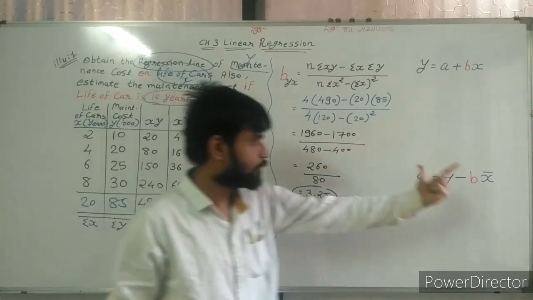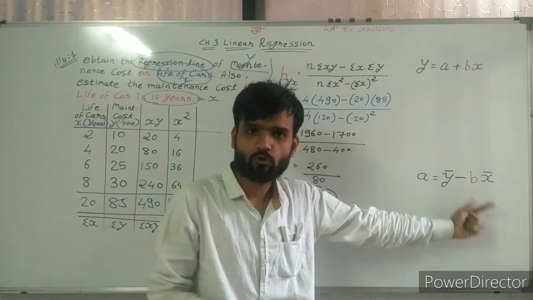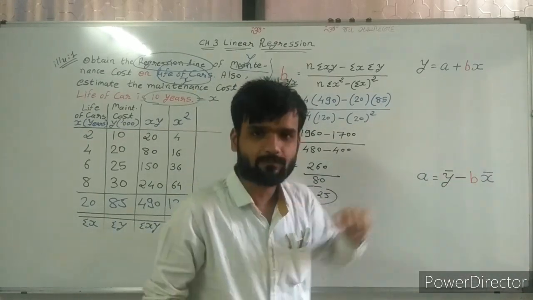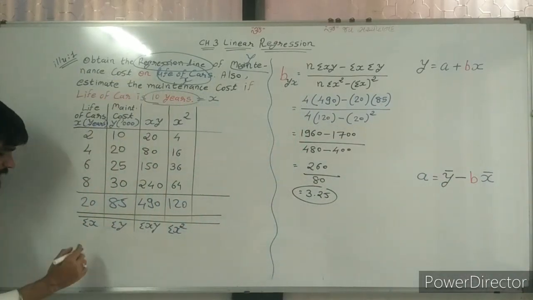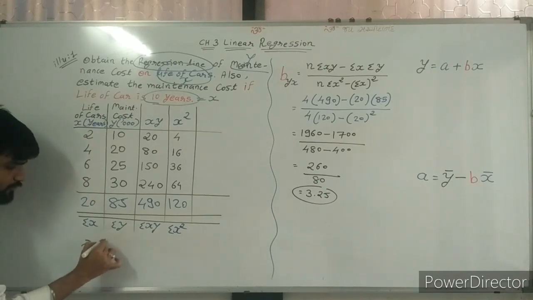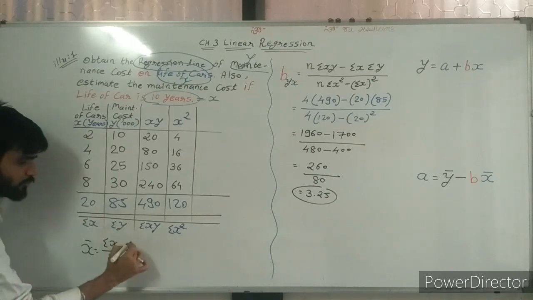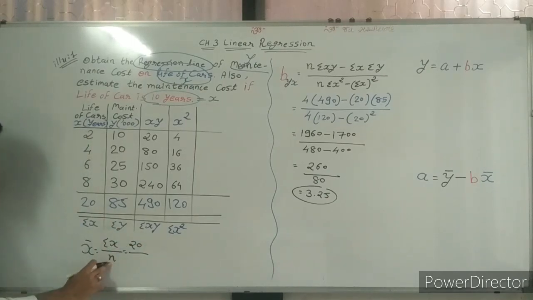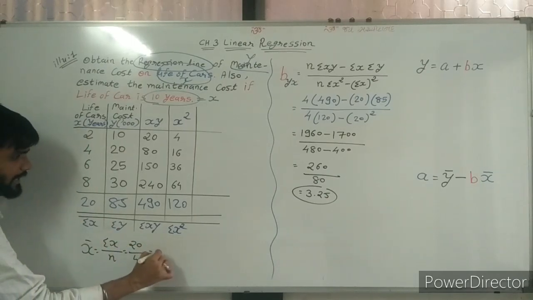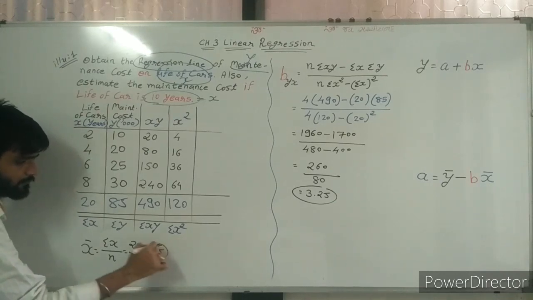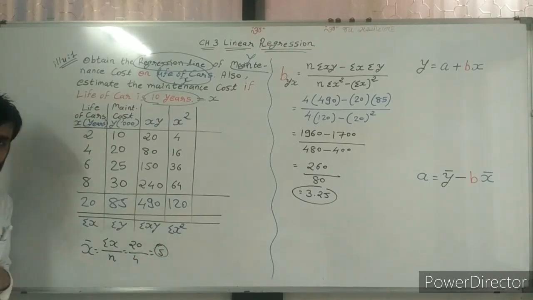Now this B value I can use to find A also. But for that we need Y bar and X bar. First, X bar is equal to sigma X divided by N. Sigma X is 20, N is 4, answer is 5. So X bar is equal to 5.